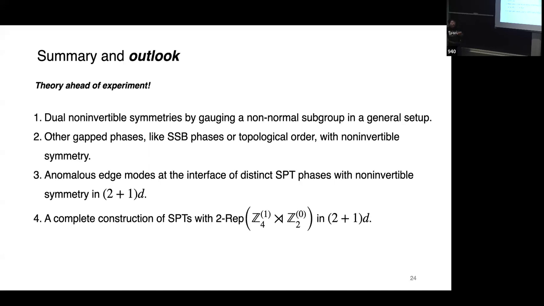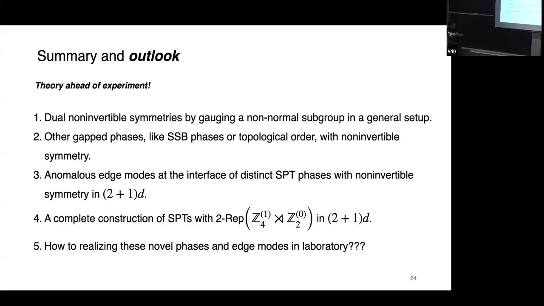And I just gave you 2 examples of the SVT with 2 rep symmetries. It is interesting to give a complete construction of this SVT with this symmetry. Finally, there is how to realize these novel phases and edge modes in the laboratory.